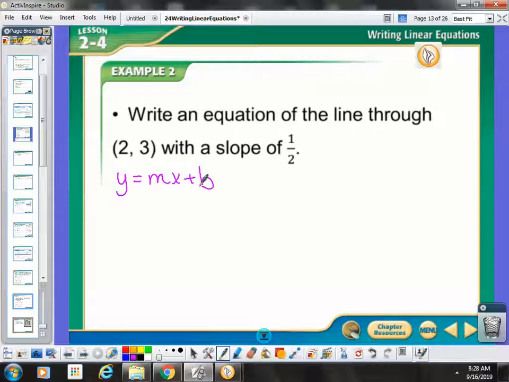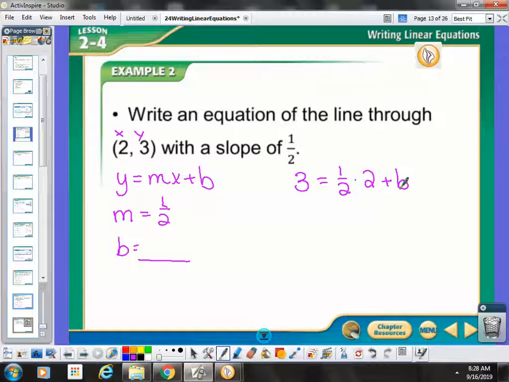We know in order to use this form, we have to have a slope and we have to have a y-intercept. We are given a slope, it's 1/2, but we don't know the y-intercept yet. We can use the ordered pair 2, 3 to help us. There's x, there's y. Now substitute it. 3 equals 1/2 times 2 plus b.